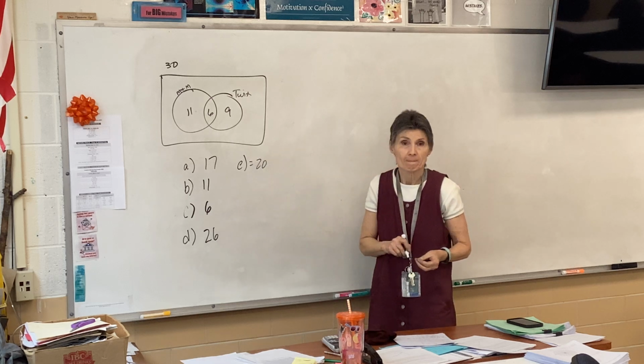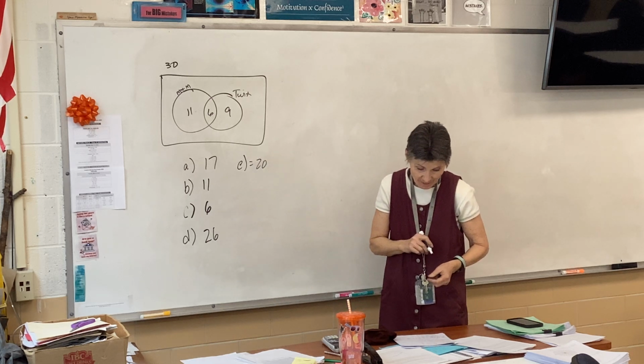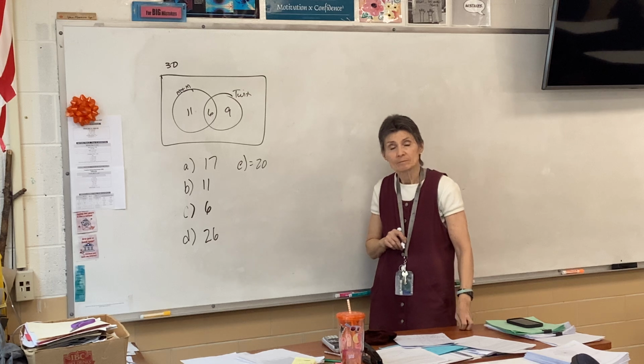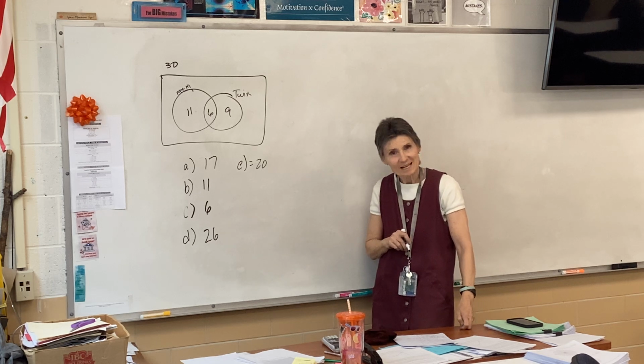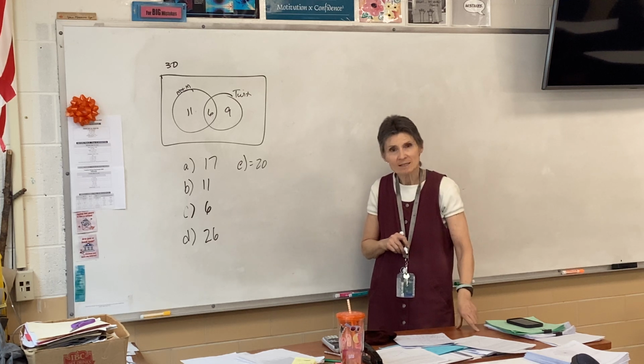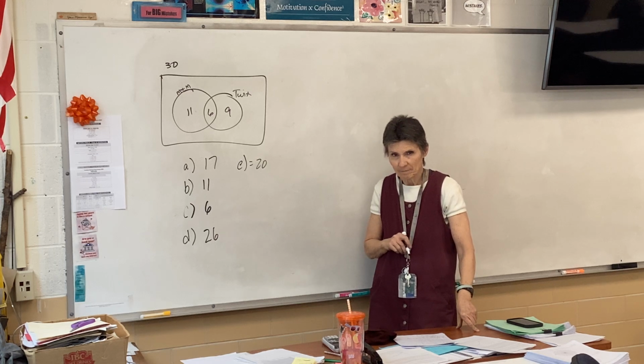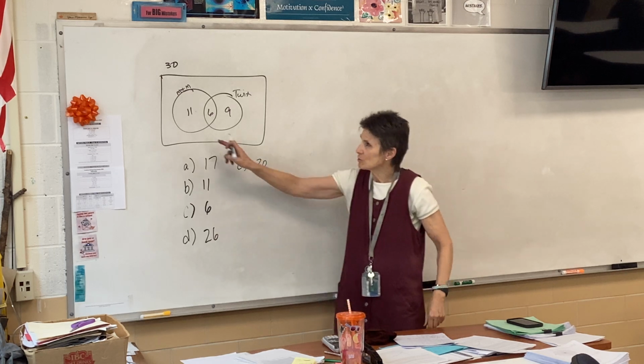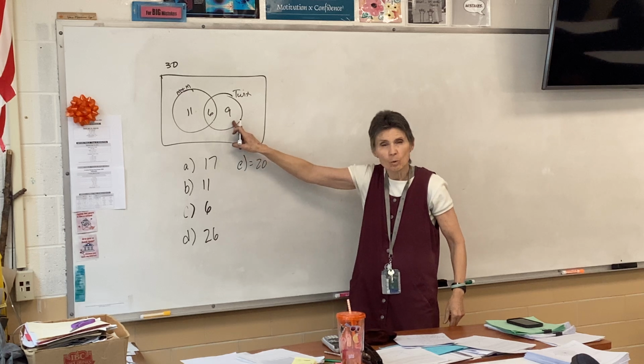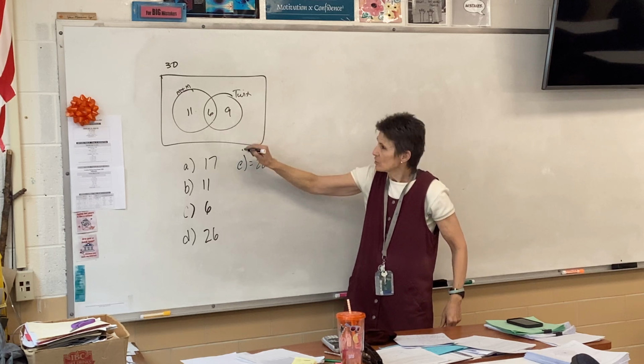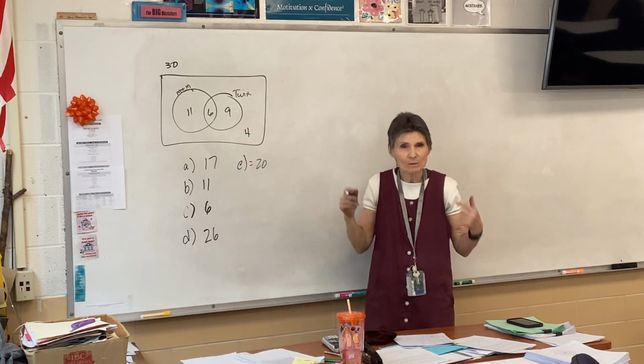How many don't like either one? Second, how many kids are in the class? 30. How many hands went up? 26. So that means there's 4 kids out here.